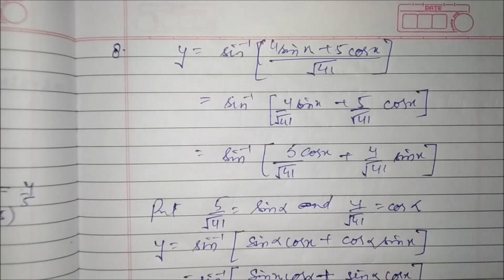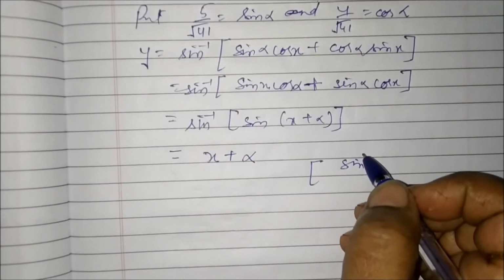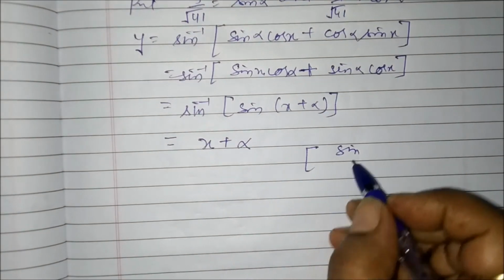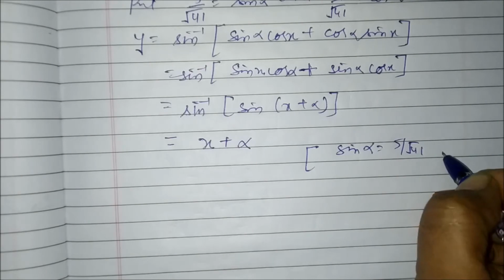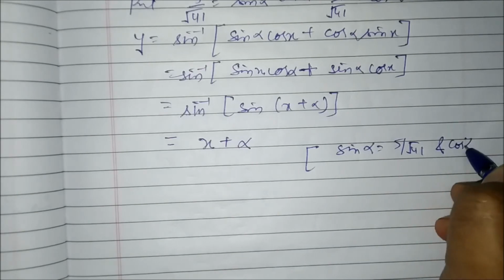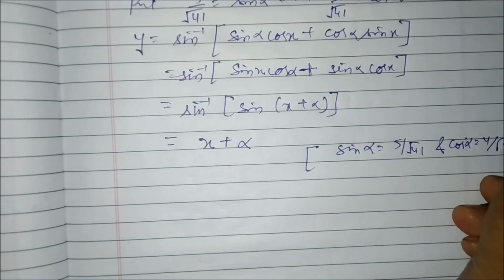See, here sin alpha is 5 by root 41 and cos alpha is 4 by root 41.